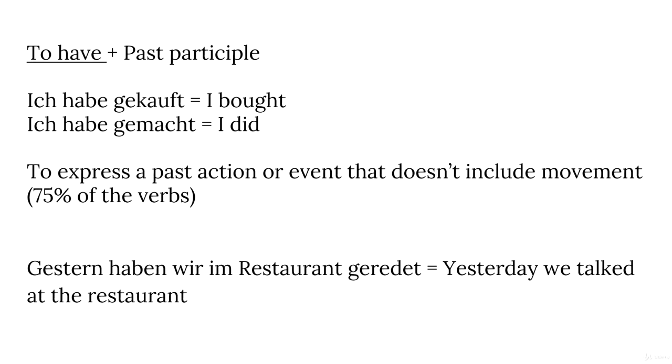So you say habe, because you say ich habe. And then you add ge, and then the form of the verb machen, which means to do. Ich habe gemacht. This is how you express a past action or event that doesn't include movement.